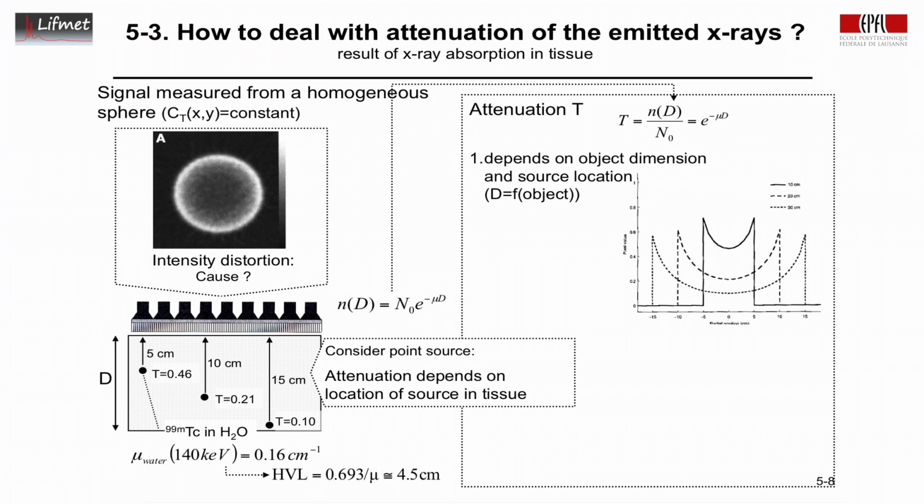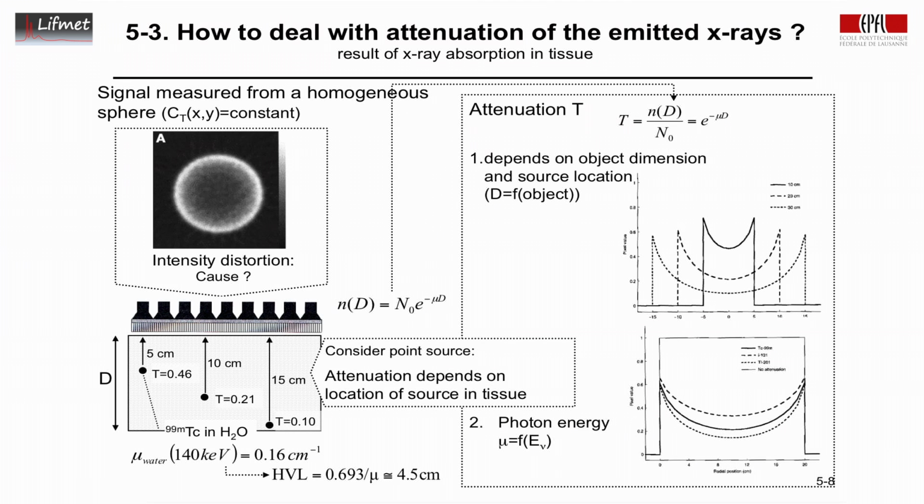To conclude, looking here at the point source, we have taken a homogeneous path. We've looked at 3 different distances to the camera. We're seeing quite clearly that the attenuation depends on the location of the source in the tissue relative to the camera.